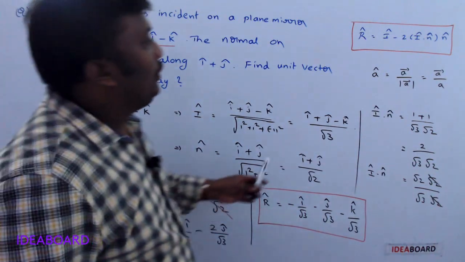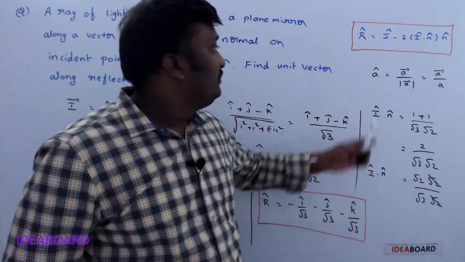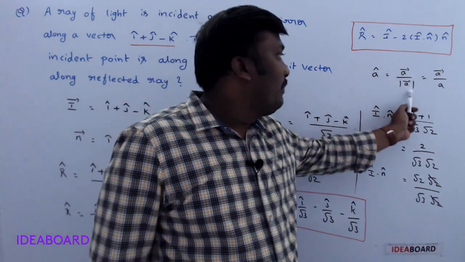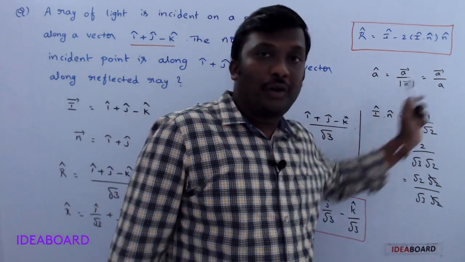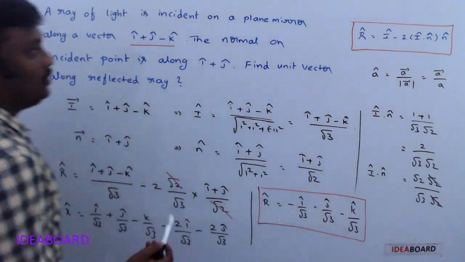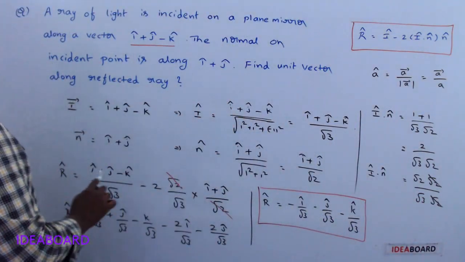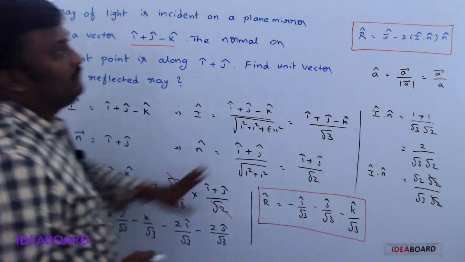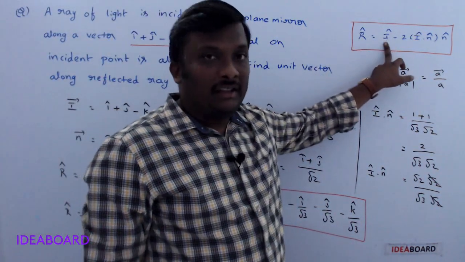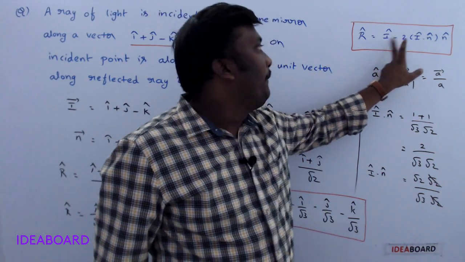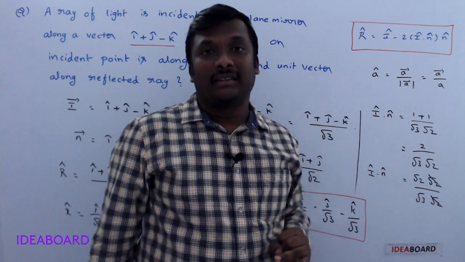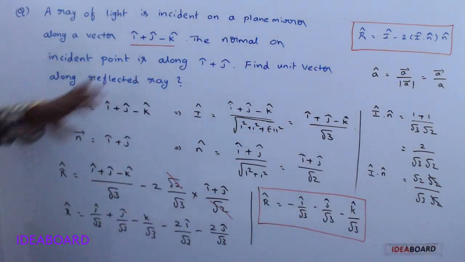So one more time I would like to explain. The formula for unit vector is a bar by mod a, nothing but the magnitude. So in order to get the value of the unit vector along the reflected ray, we may use this formula. In this formula, we need i cap and n cap. i cap and n cap are unit vectors, but they gave vector forms.